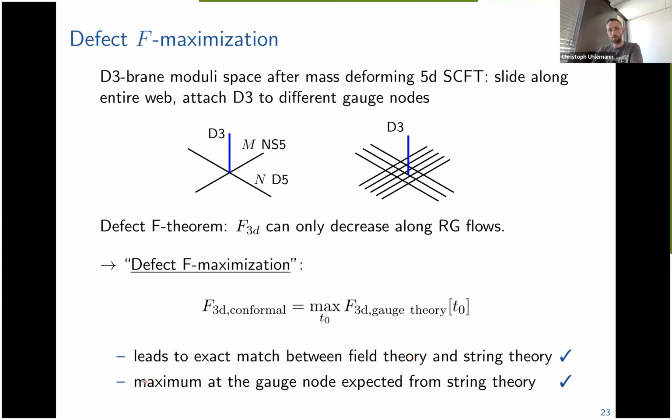And moreover, the maxima are precisely at the gauge nodes which we expected from these brane web coordinates in the holographic description. We had a set of coordinates on the Riemann surface which allowed us to identify a particular gauge node. And that was precisely the node which we find from this maximization principle. So that's basically the way in which I want to connect these gauge theory calculations to the string theory calculations.